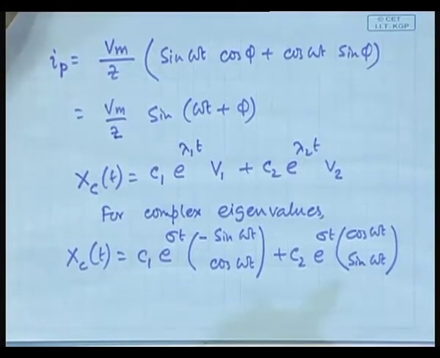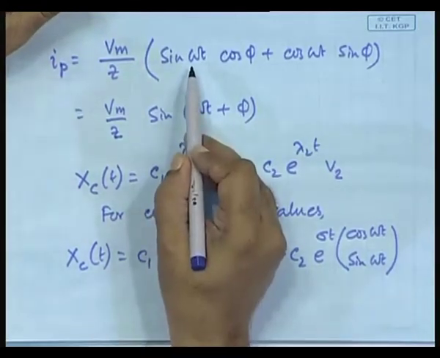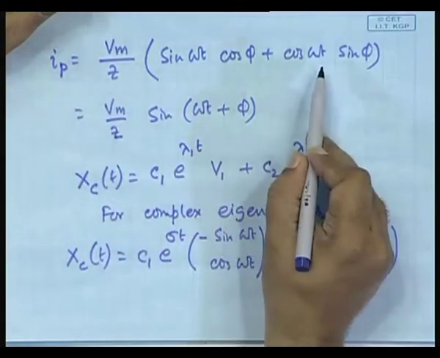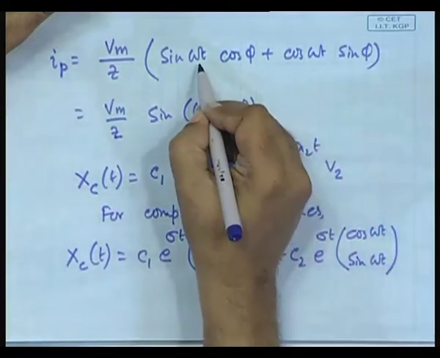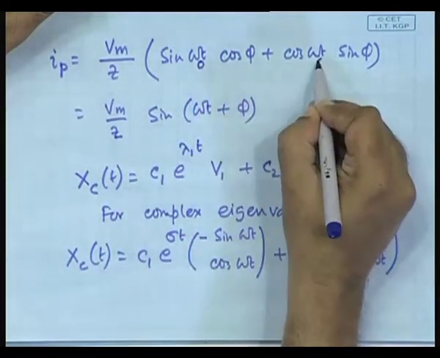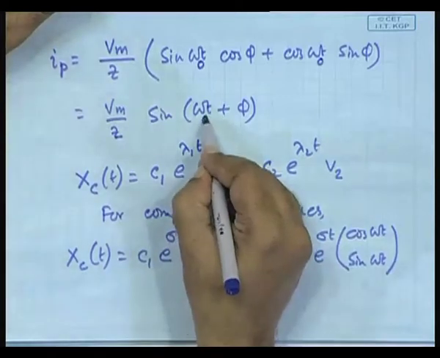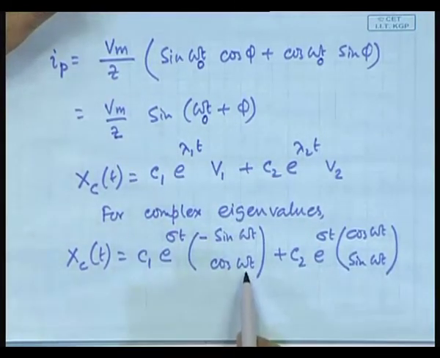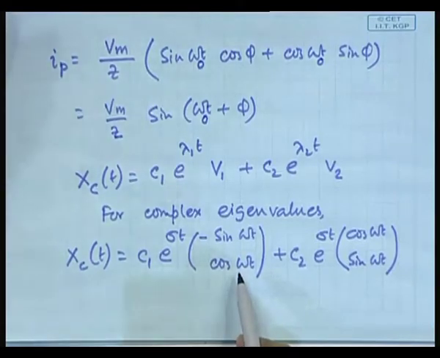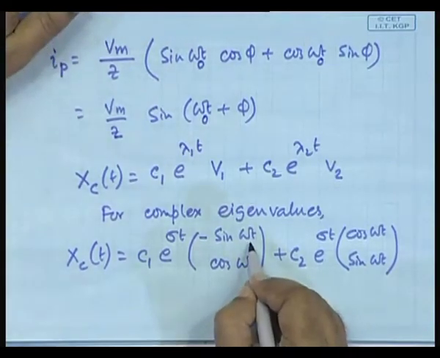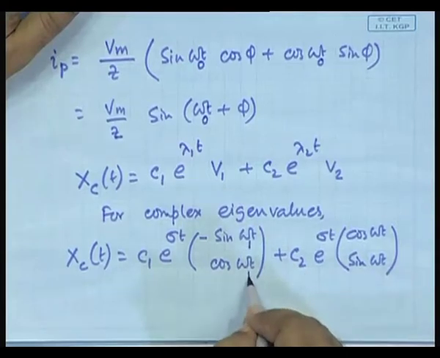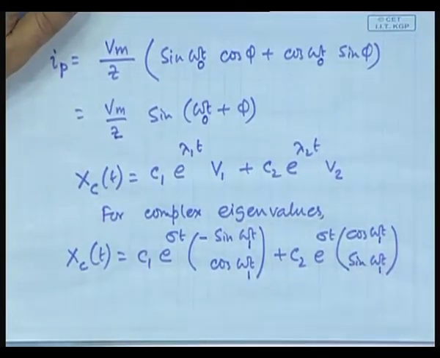Now, notice that here there is a problem, because this omega was the forcing function's omega. Yes, you have to keep that in mind. And this omega is the natural frequency. Let me separate them out, otherwise you will have confusion, you will mess them up.